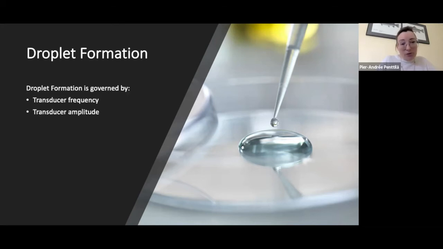The amplitude of the transducer is also very important in droplet formation. Things like the nozzle diameter, which I will discuss in a moment, are also very important. Sheath pressures of a cell sorter can range anywhere from as low as about 9 or 10 psi to upwards of about 70 or 80 psi. And of course, finally, the phase of the charging pulse.